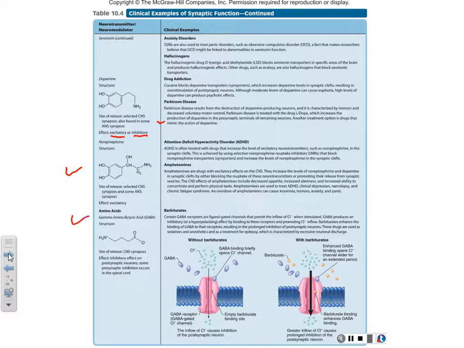It takes time. Things like barbiturates, they inhibit, and one of them is GABA. This is the last one I'm going to really talk about. Gamma aminobutyric acid.